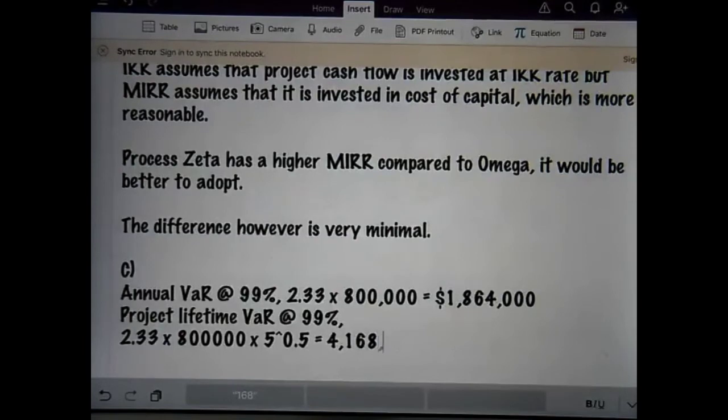Oh, 1680. How much? Okay, done. 2 marks, huh? But you still have to interpret it.